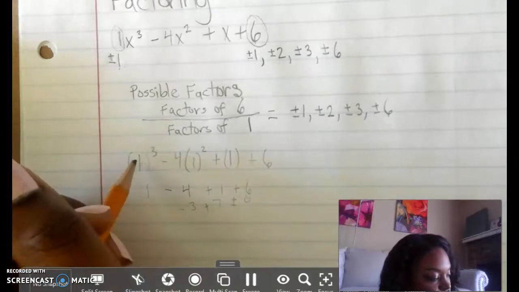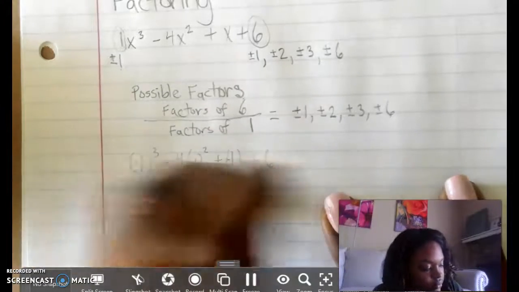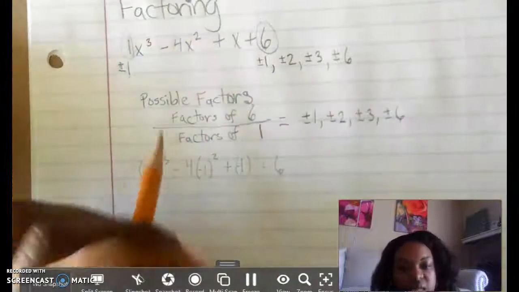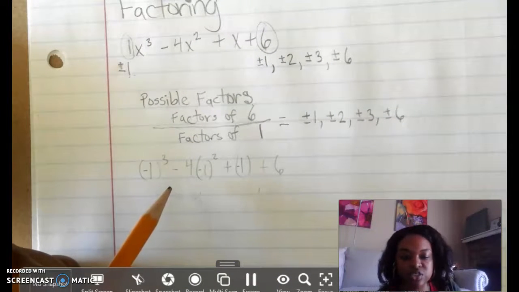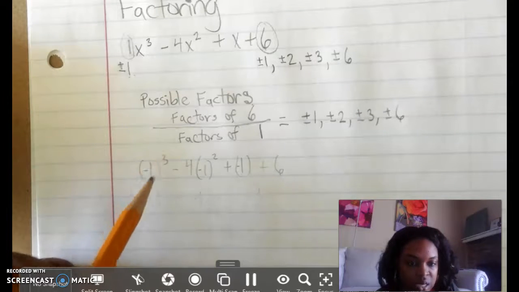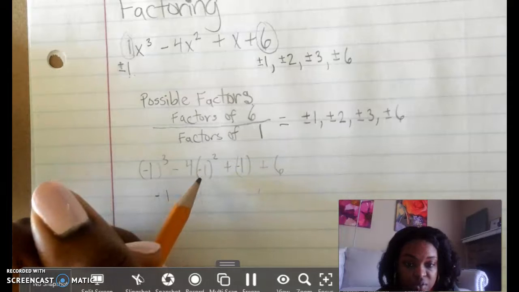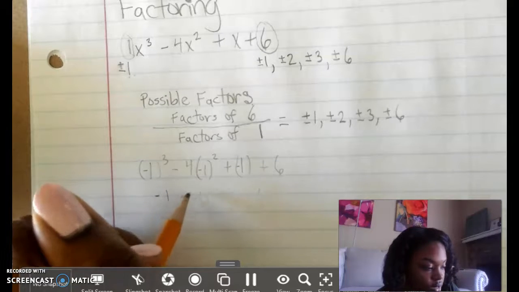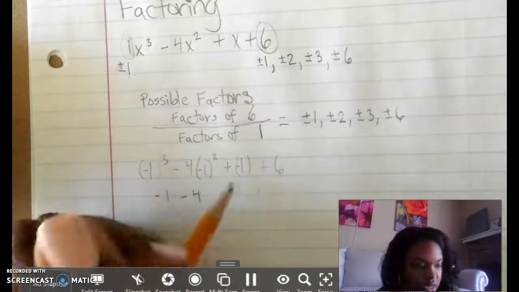Okay. So let's try negative 1. So I'm going to replace all my x's with the negative 1. As I work through this, feel free to pause it so that you can check to be sure. Negative 1 cubed is negative 1. If I were to square negative 1, I'll get a 1 times 4. That's negative 4 because of the subtraction sign.